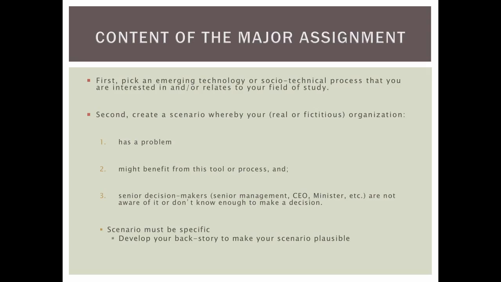The content of the major assignment: pick any sort of a technology or what I call a socio-technical process. Does it advance you professionally? Is it just something you're interested in? Whatever, but it's got to be something that you're engaged with.